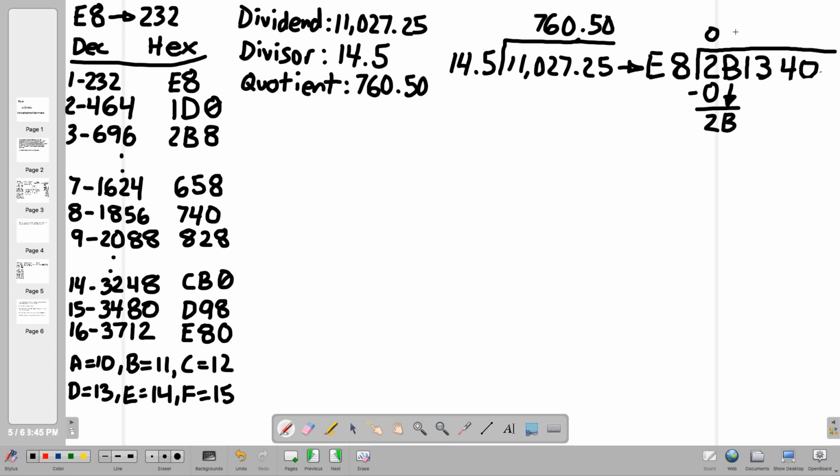And the answer is 0. Zero times E8 is 0, and we subtract 0 from 2B, and that leaves 2B. And then we bring down the 1.